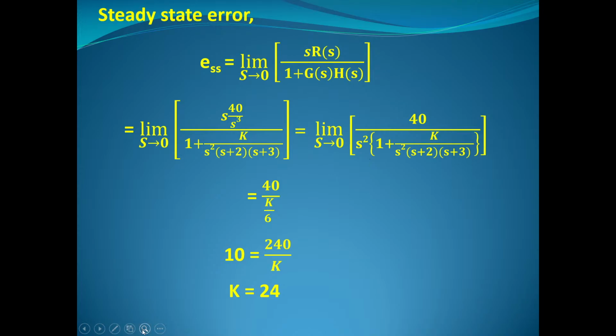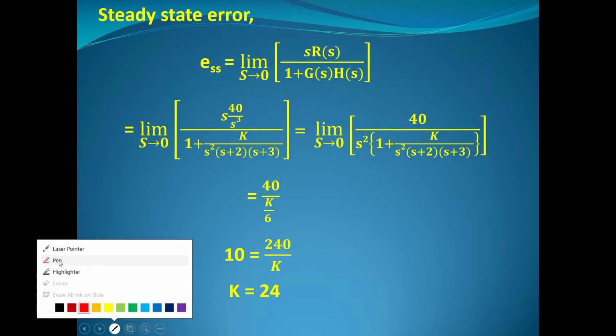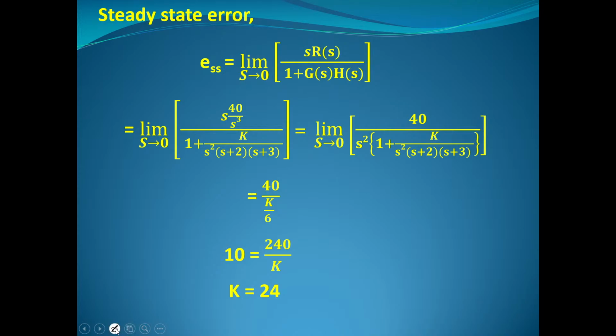You can see the flower bracket here. So if you send this s square inside, s square plus k into s square by s square into s plus 2 into s plus 3. So s square cancels.